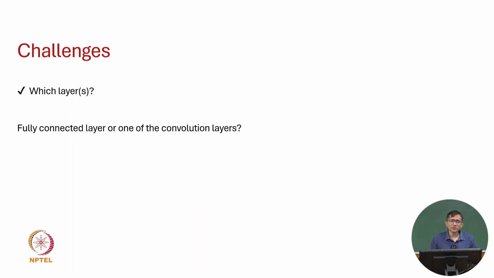Depending on this, we might extract feature from a fully connected layer, because from the fully connected layer we already get an image-wise feature vector, right?